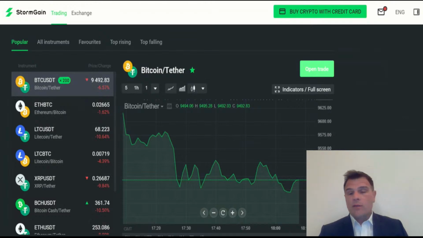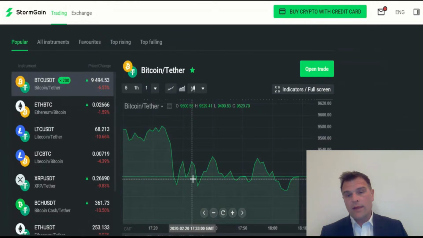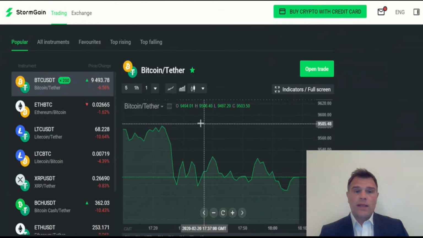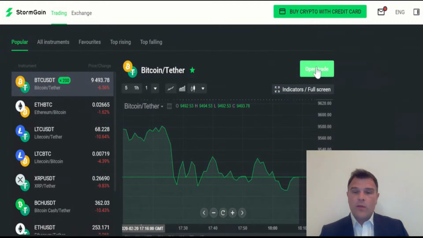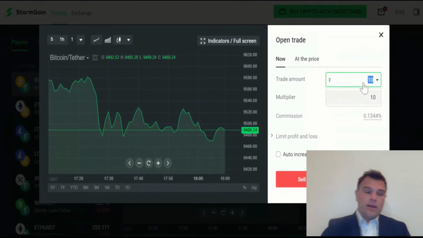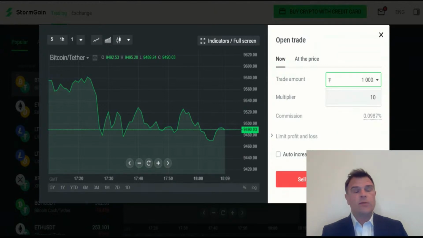So we go to open a trade, and we're just going to open these, as I said, all day long. We've been moving around these levels. We'll open two trades. We open one trade here, and we go for 1,000. Some people, we can discuss multipliers later on. If we put a trade amount of 1,000, this is what's great on StormGain: that's the maximum amount of money that you can lose.